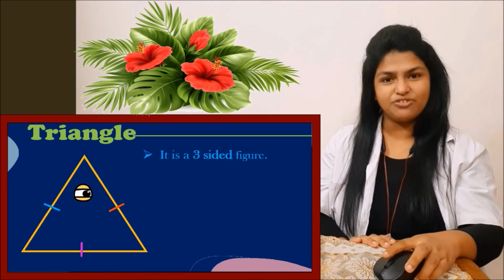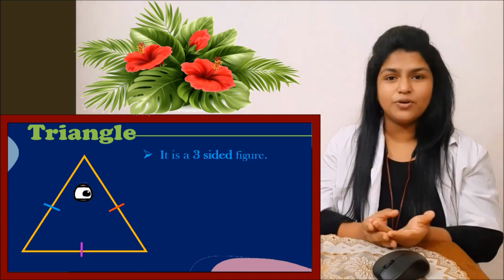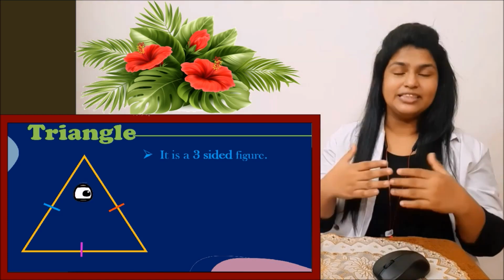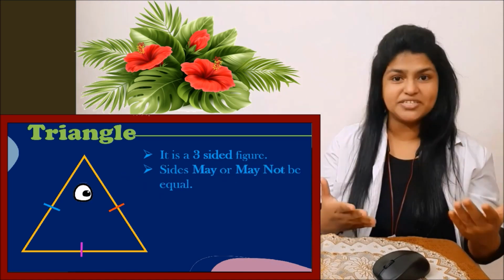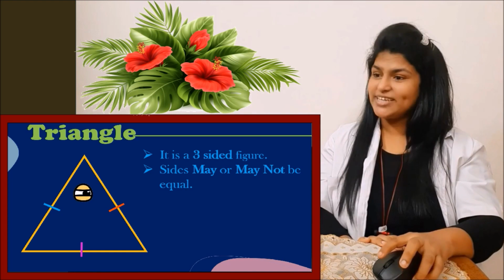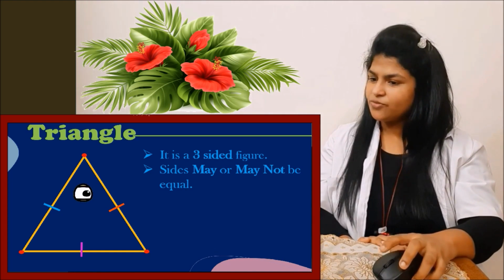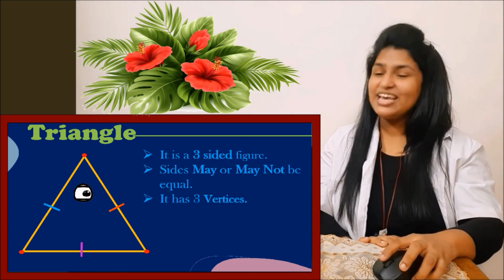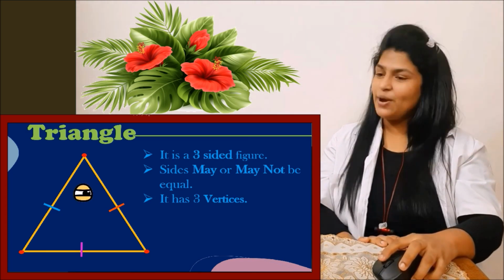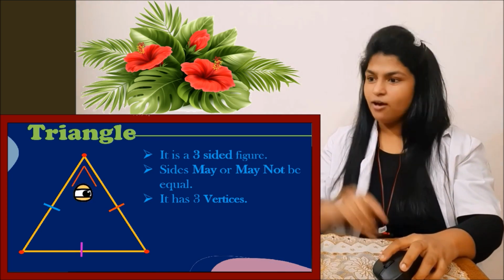Any 3-sided figure is a triangle. The sides may or may not be equal. Then, vertices: 1, 2, 3. It has 3 vertices.